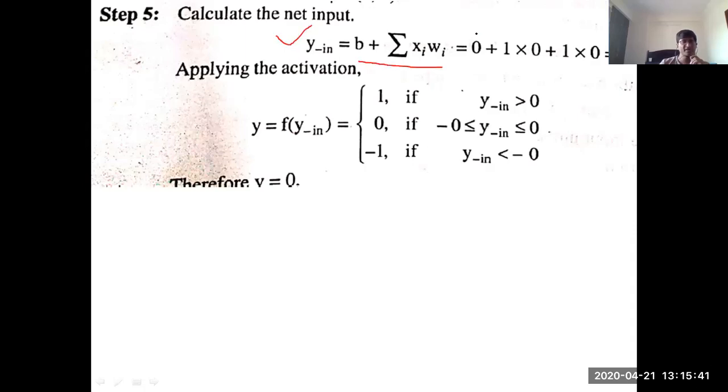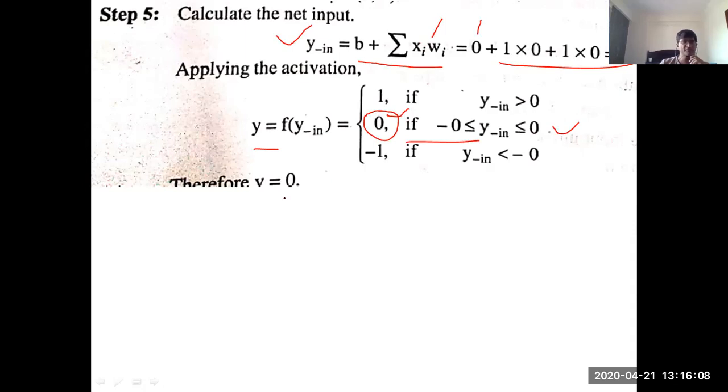Since the bias value was 0 and the weights were 0, the entire term would be 0. As per the activation function that we have developed, the total activation input yn is 0, which satisfies this condition, so the total output value would be 0.